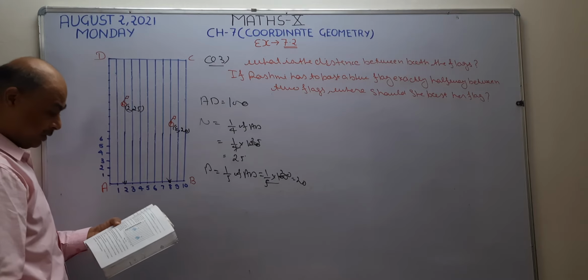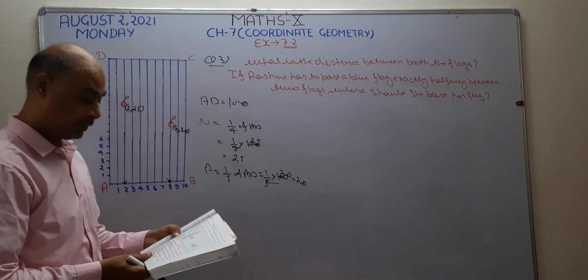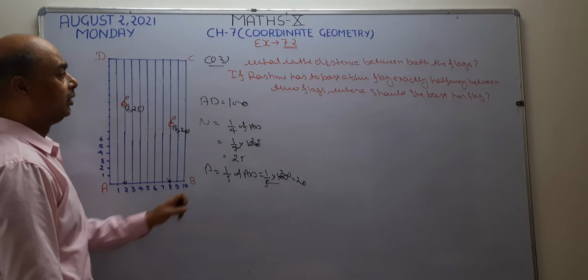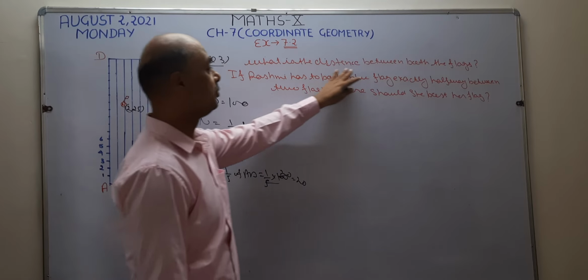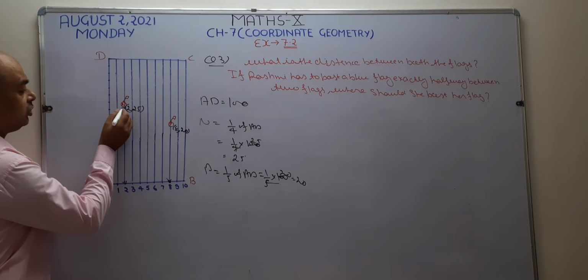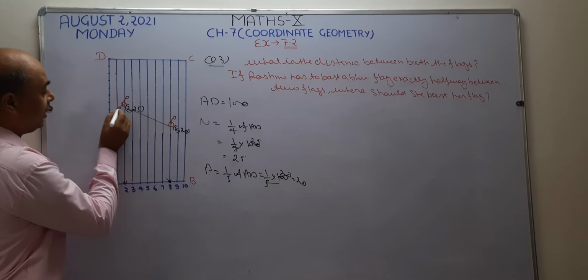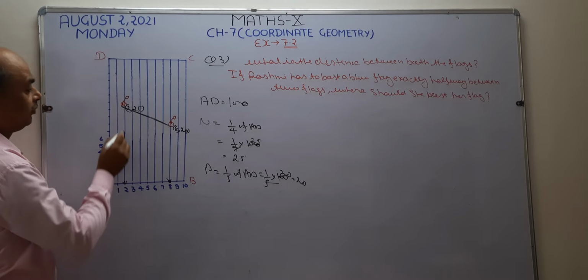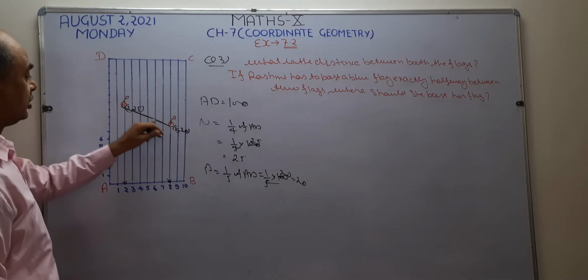Is it okay? Now see, what is given? Both are going to post flags. Now the question is, what is the distance between both the flags? I want to check the distance between these two flags, means the distance between these 2 points.